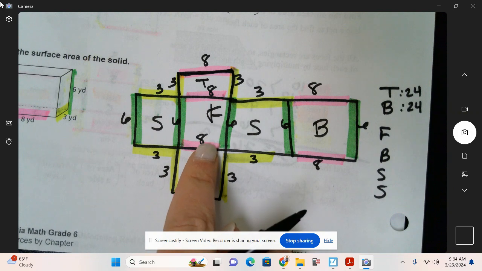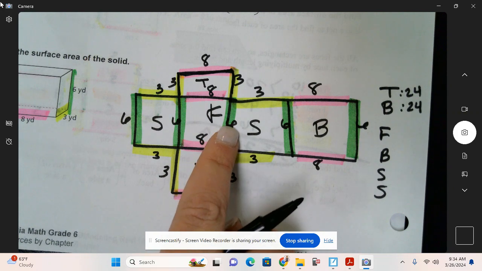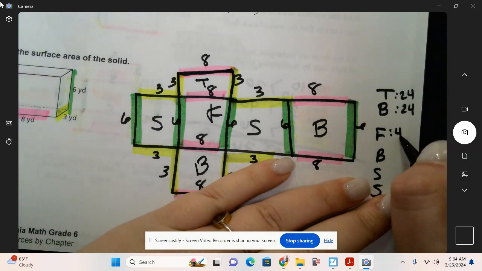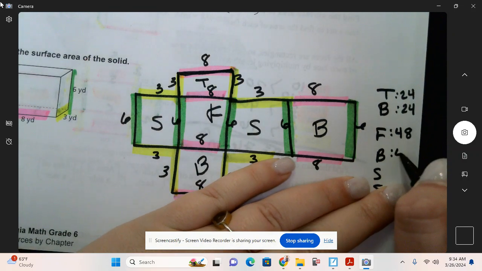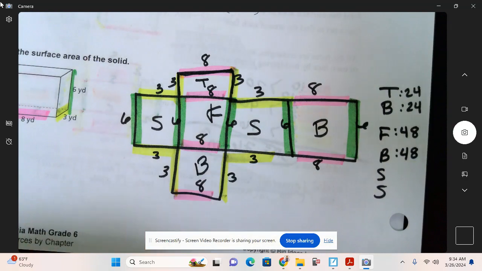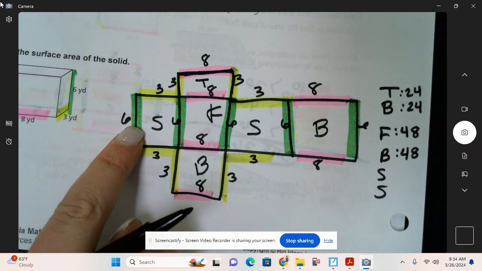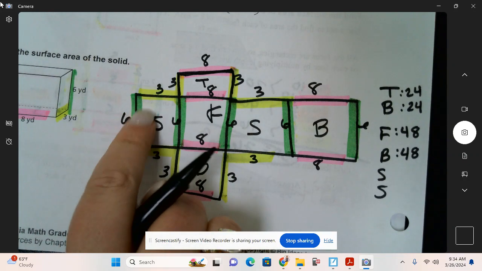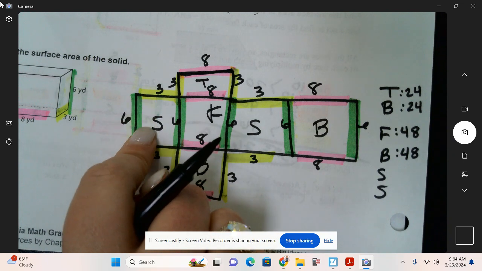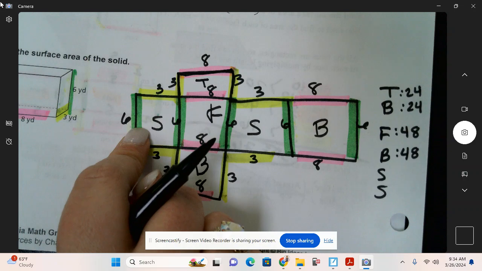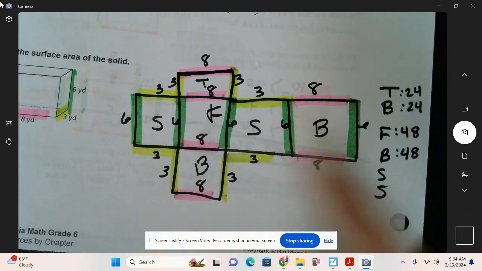It's gonna be 48. 8 by 6, 8 times 6, which is 48, which means my back is also 48. And then I look at my side. And I think it's 8 times 6 again. Look at your side. This is your side. You have yellow by green. So 3 times 6, 18.